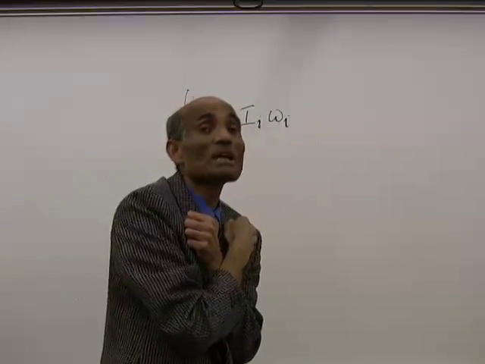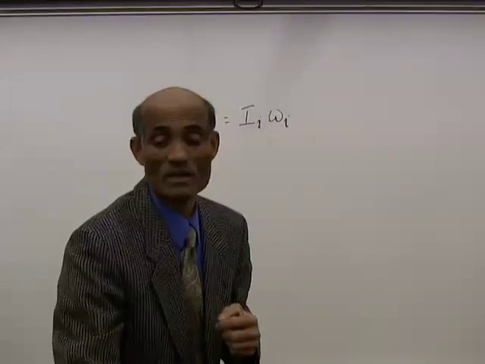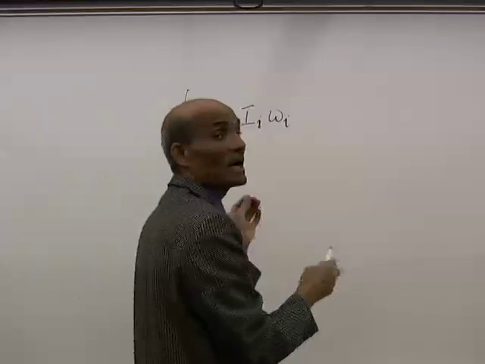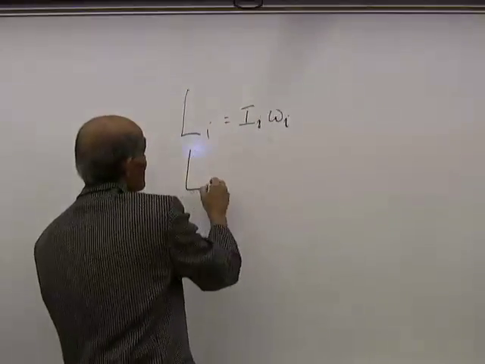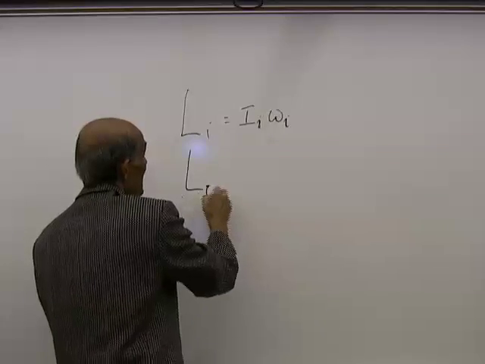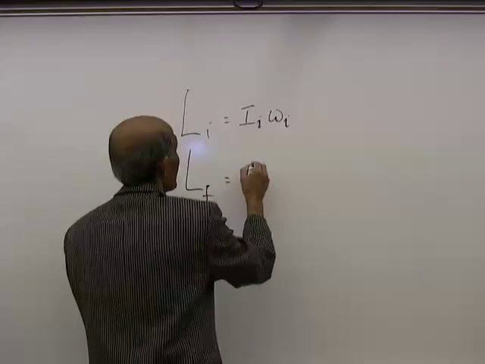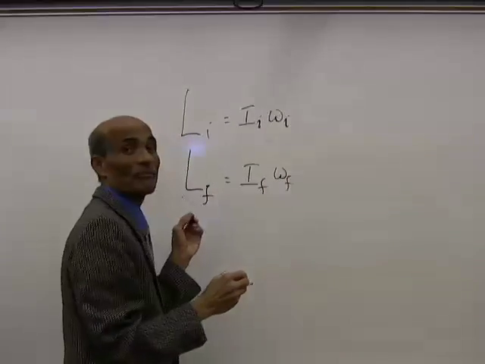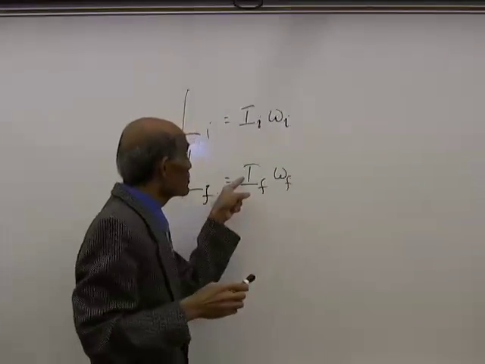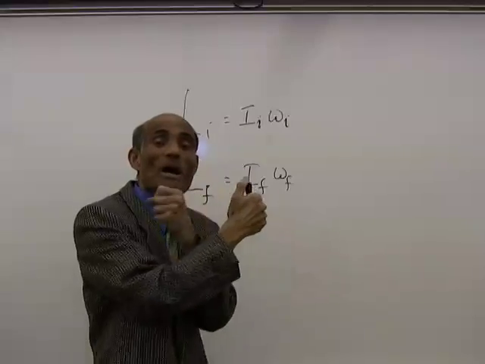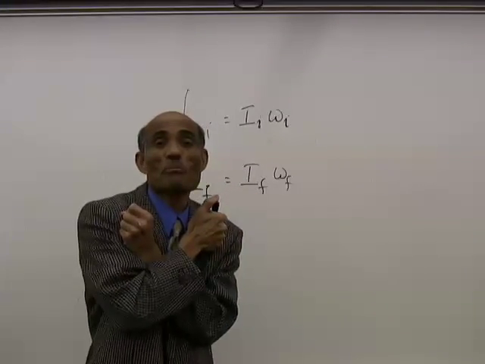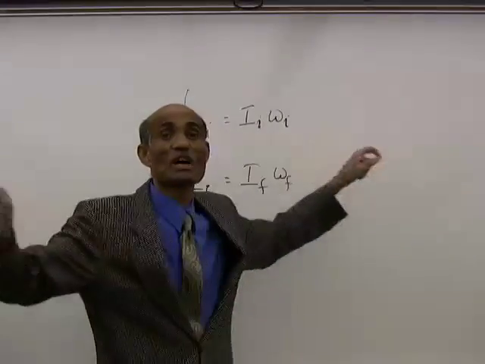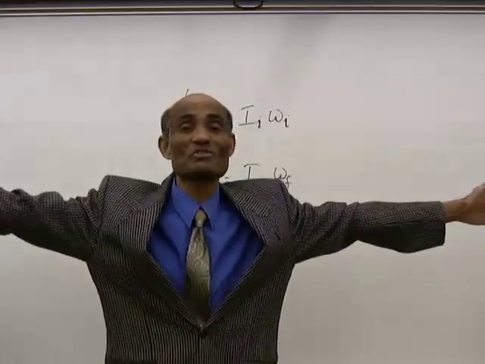I'm reducing my moment of inertia. So when my arms are closer, my angular momentum at that time, LF, will be IF omega F. Now, the moment of inertia when my arms are close to my body will be smaller than the moment of inertia when my arms were outstretched.